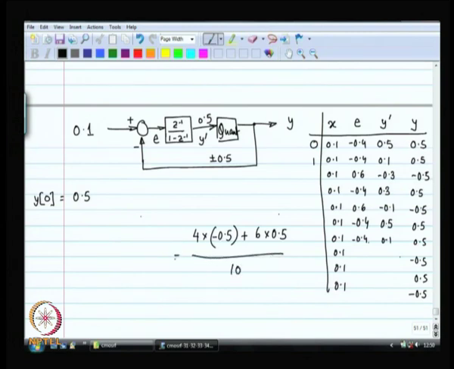So, the average is going to be 0.1, which is what you wanted to have as your average.